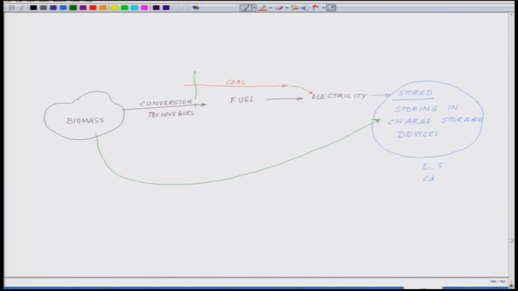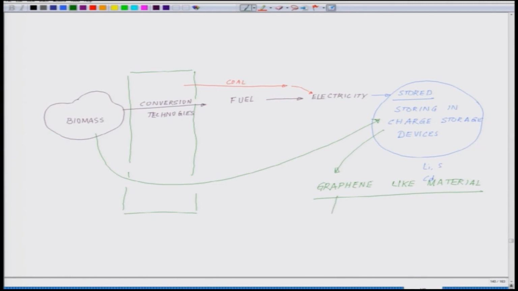As I told you, the thematic is the same, the conversion technology. What is the conversion technology you are using? Today we will talk about a conversion technology of biomass where you can directly convert biomass into graphene-like material, which is way more efficient than normal graphene.